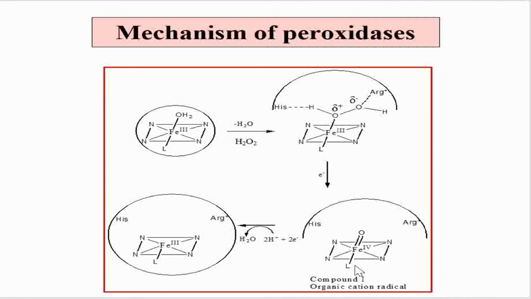So this is an unstable species, and this can easily get reduced. So this will get reduced through protonation, and during this protonation, it converts this oxygen to H2O molecule, and reduces itself to the peroxidase enzyme, so that the peroxidase enzyme can regenerate easily.